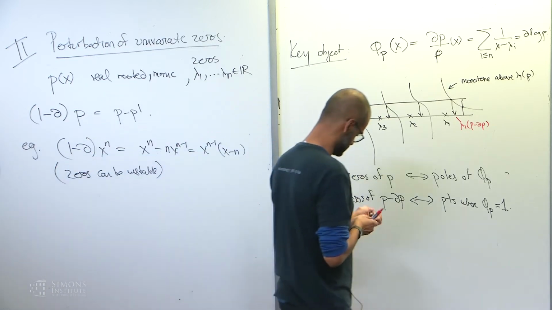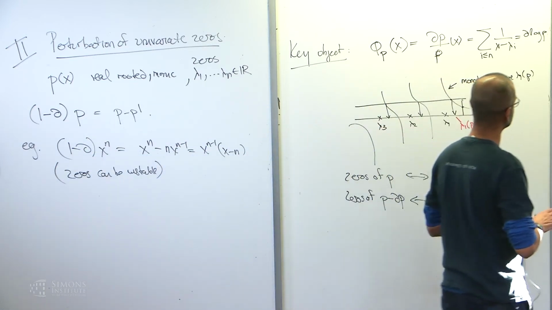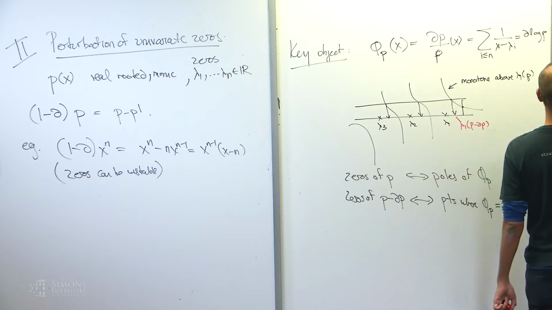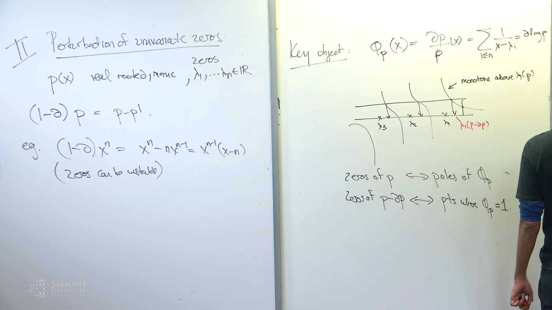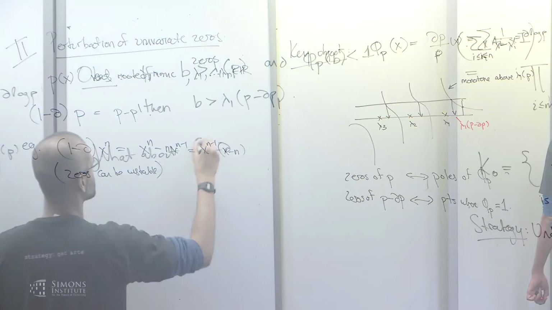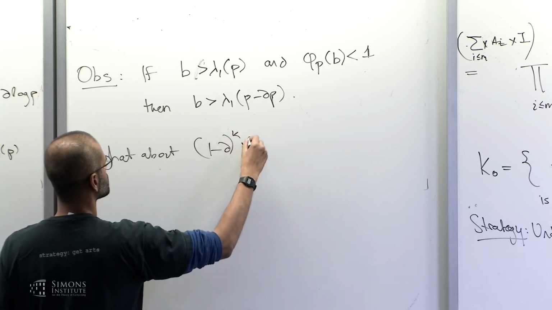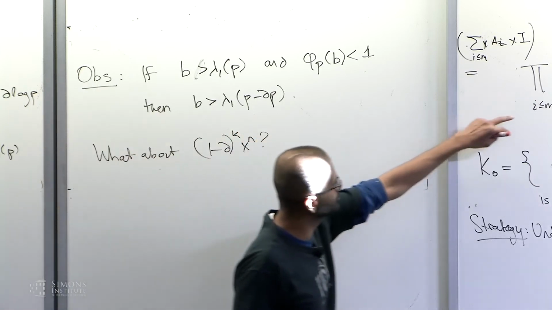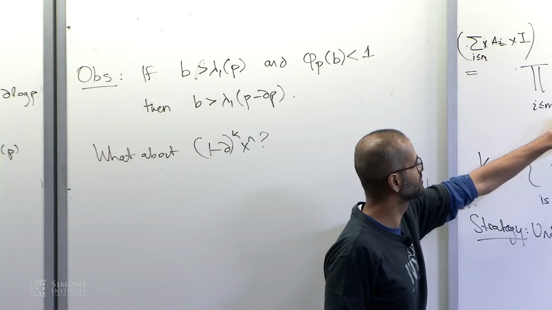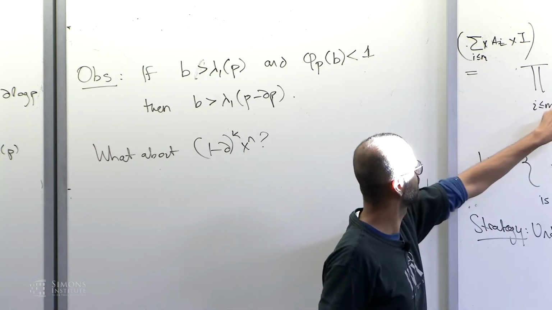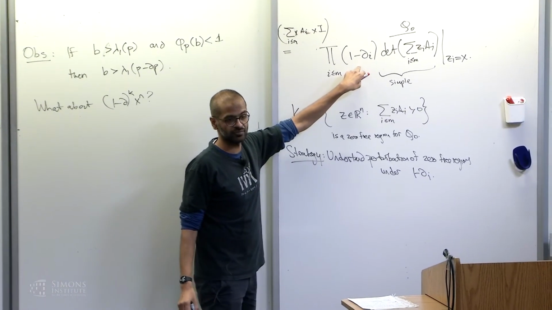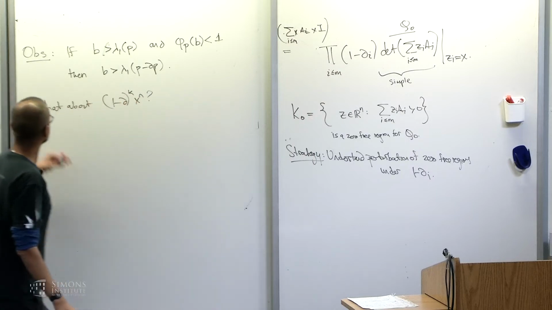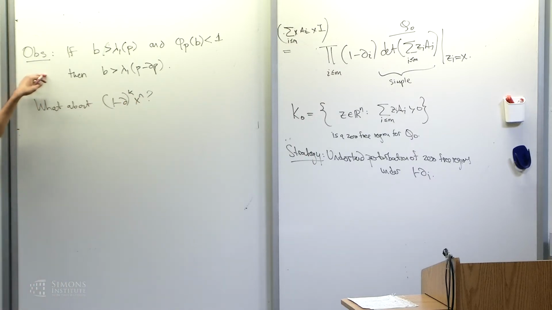Okay. But now this isn't really good enough, because what if I did this a bunch of times? My actual polynomial I'm interested in, if this is in any way related to that, involves applying a whole bunch of these operators. This argument is not going to get me very far, right? So I start off with p. Okay, I somehow calculate its barrier function.